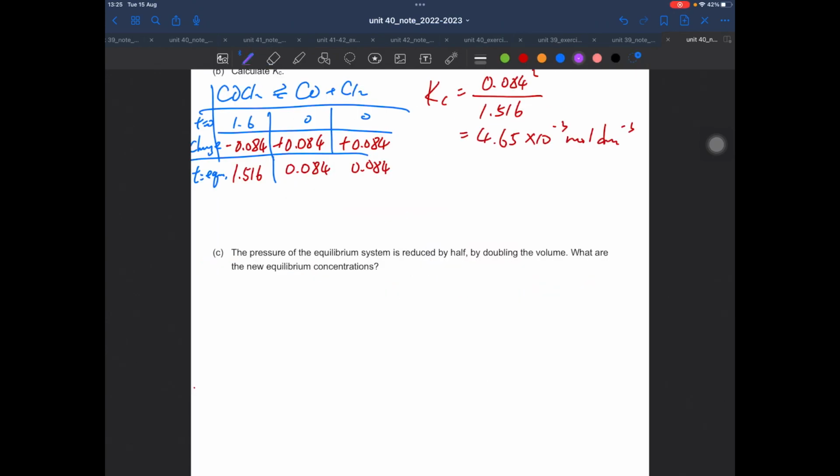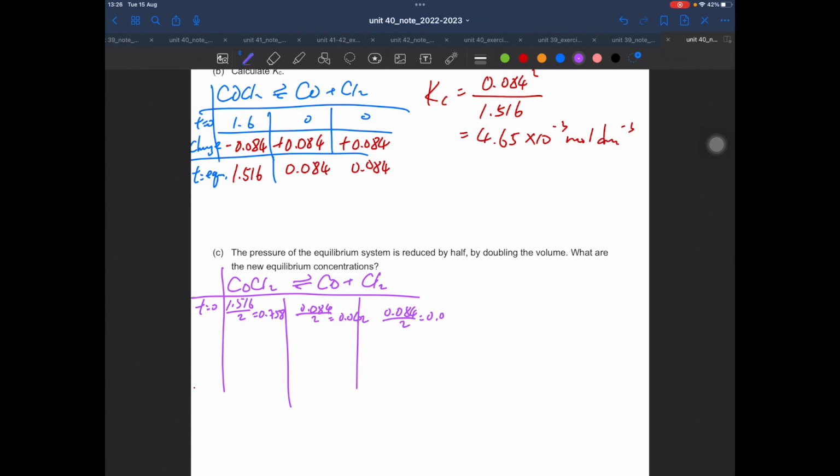Right, then for part C, we need to copy the RICE again. At time equal to 0, but this time we have half the concentration. Change and time in equilibrium.